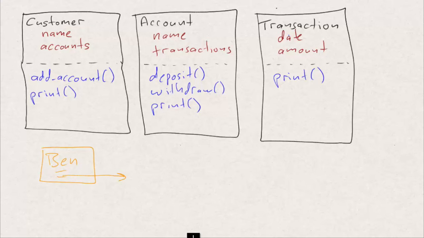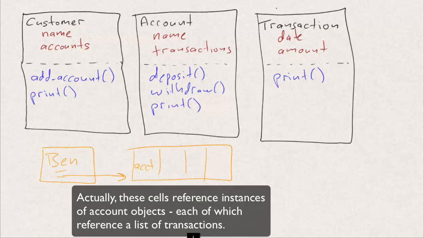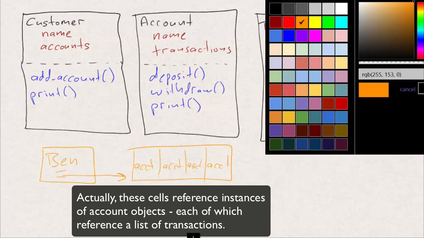And so the list of accounts might be a reference to a list, right? Where each cell in the list is an account, an account, an account, an account, and so on, where each account has a list of transactions. And so maybe, let's give it another color.